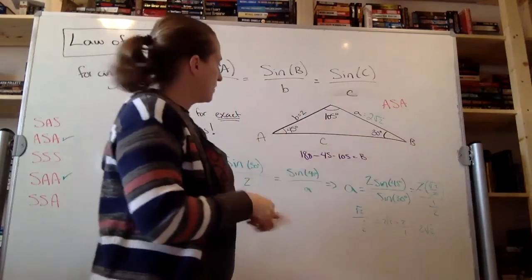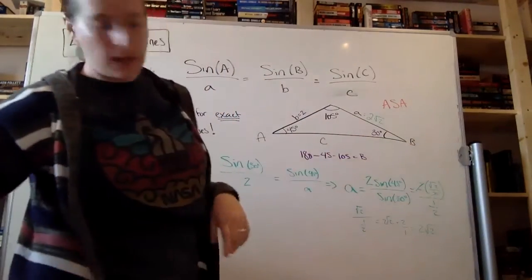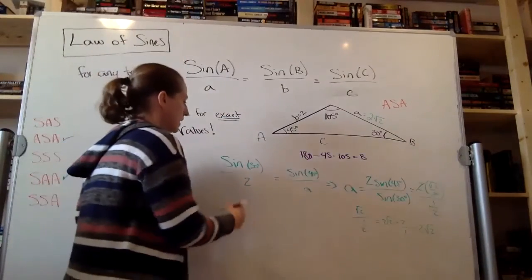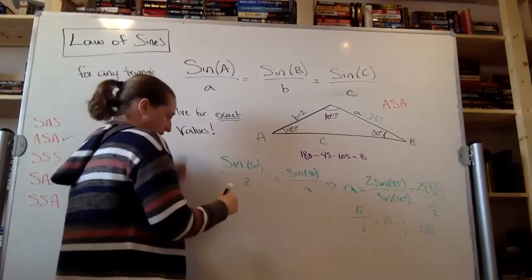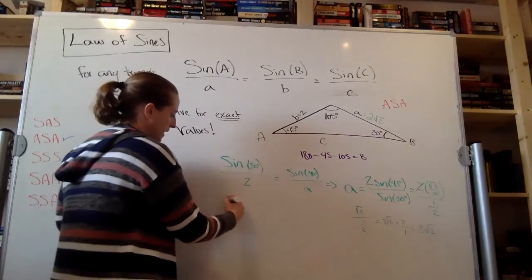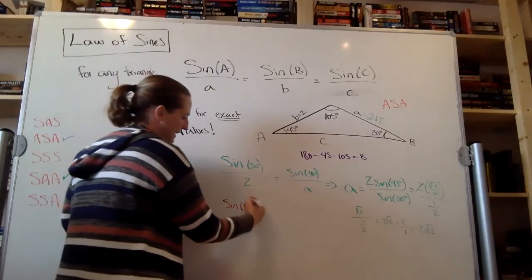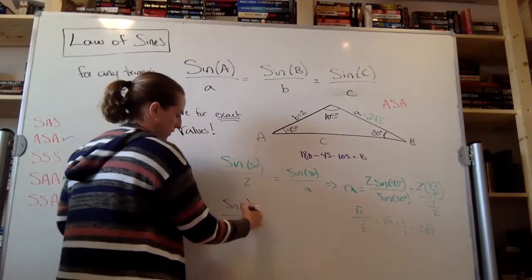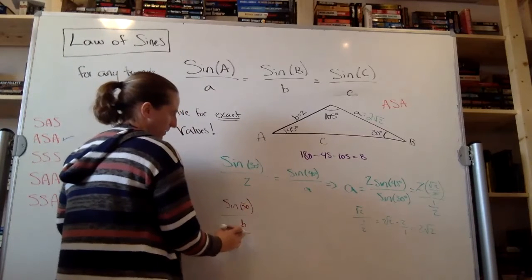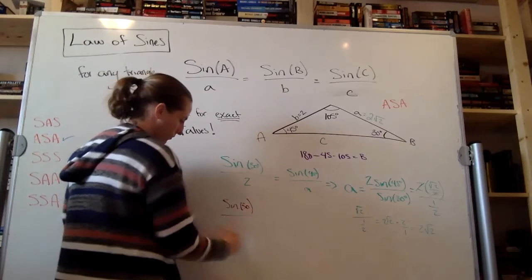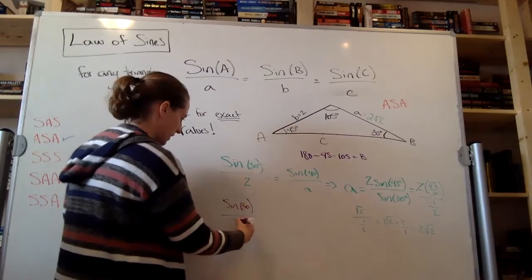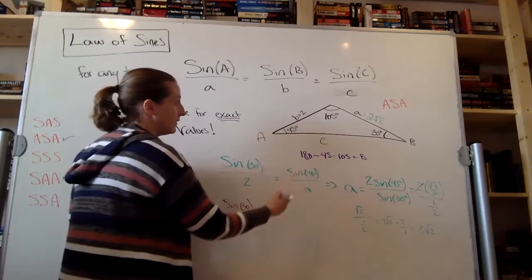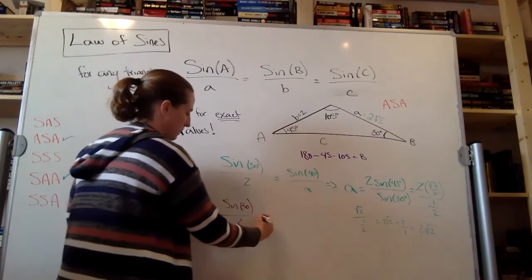Now let's find the value of c, and again, we're going to do that exactly. Okay. Well, we know that our sine of B over b is sine of 30 over 2.